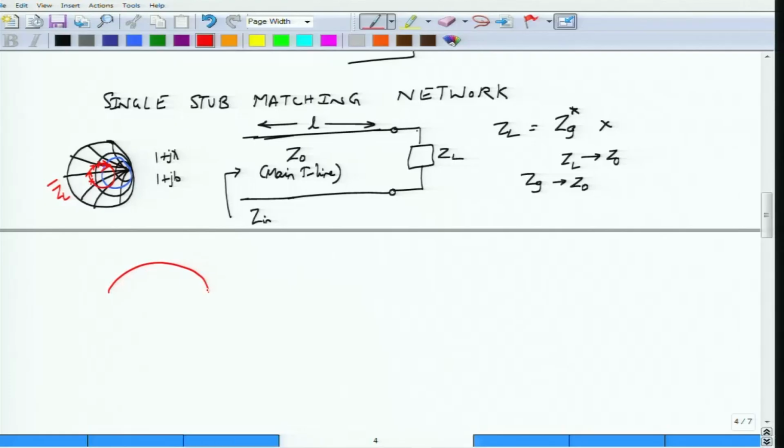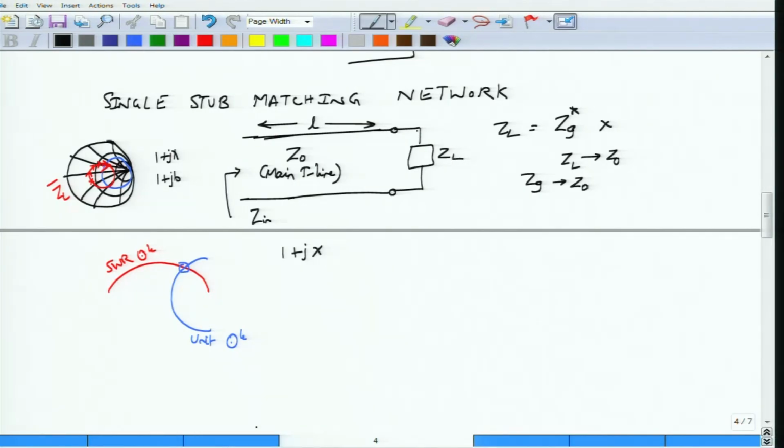I am moving on my constant SWR circle, and what actually happened was I hit upon the unit circle on the Smith chart. So at this intersection point, as you keep moving, when the SWR circle meets the unit circle, it indicates that the impedance at that distance on the transmission line is of the form 1 plus jx, correct?